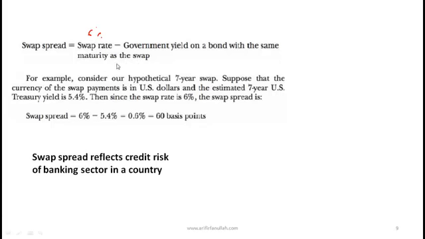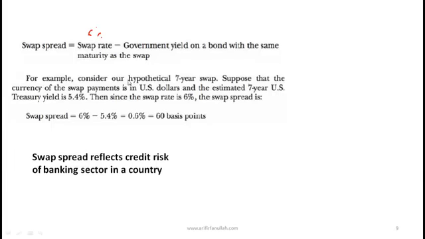In our example, the 6% was on a 7-year swap, so we figure out the yield on a bond with the same maturity of 7 years. Will the yield on the bond be more than 6% or less than 6%? It will always be less, because the government bond is considered default risk-free. So obviously the yield on any other instrument is going to be higher.